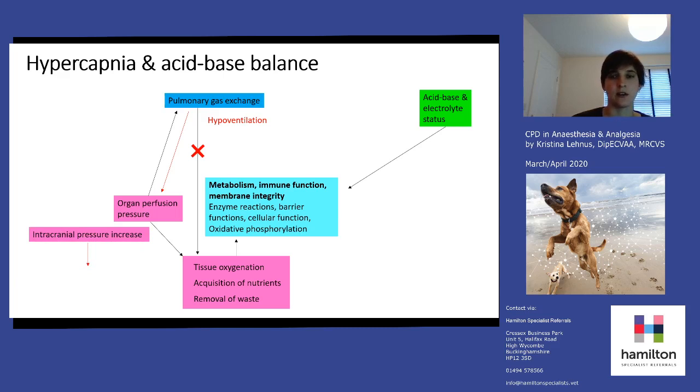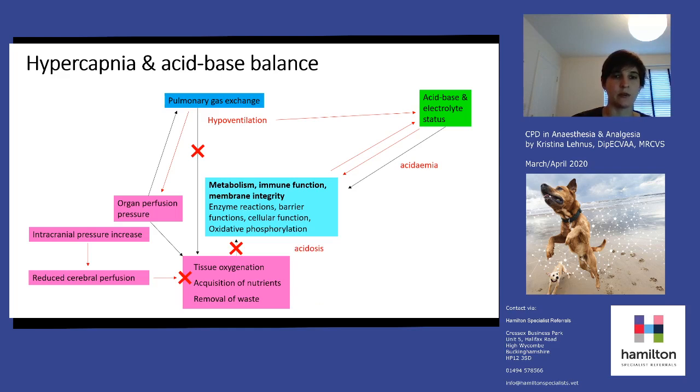That increases intracranial pressure because you will get vasodilation, which will then reduce cerebral perfusion pressures and therefore affect brain oxygenation. If you hypoventilate, you're also going to increase your CO2 burden, which is an acid in itself, and that causes an acidemia, which affects your cellular function.